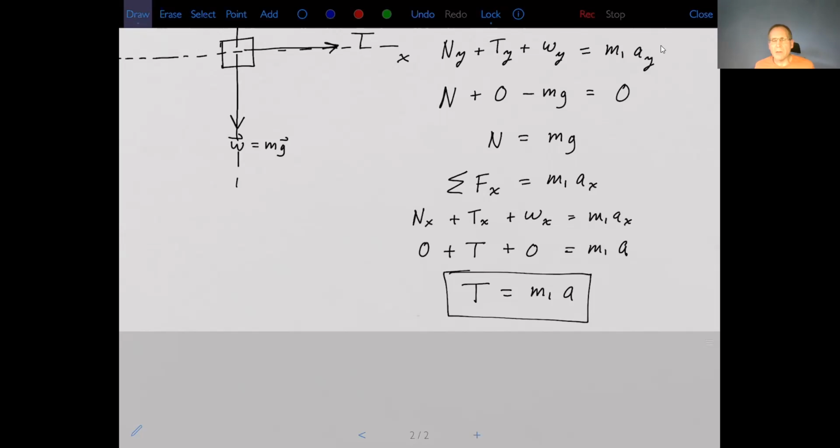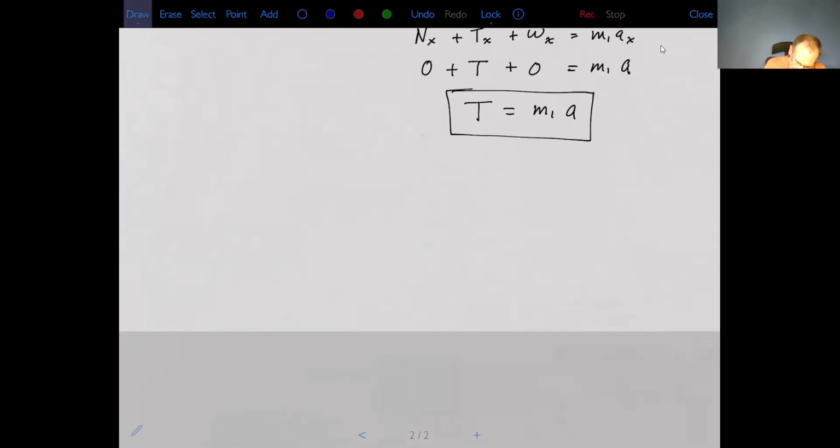Okay, so that was the analysis on the cart. Now let's look at the suspended mass. So here was a suspended mass. Remember, it had a mass of m2. And in this case, what are the forces acting on it? Well, there were only 2 forces acting. You had the gravitational force, which is its weight, acting down.